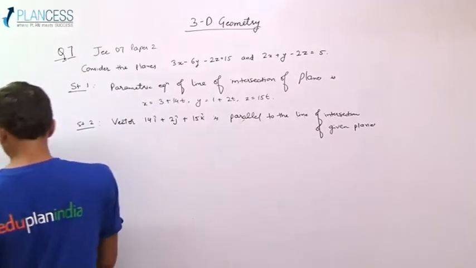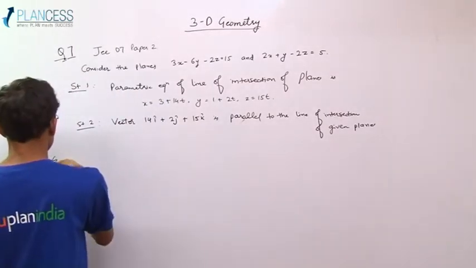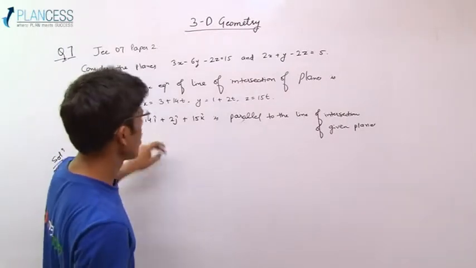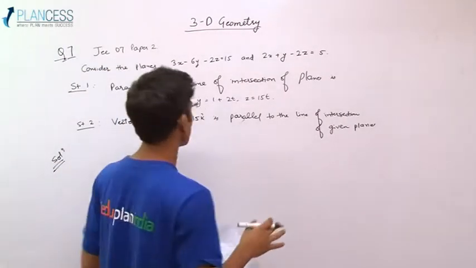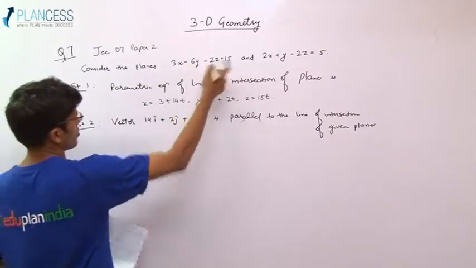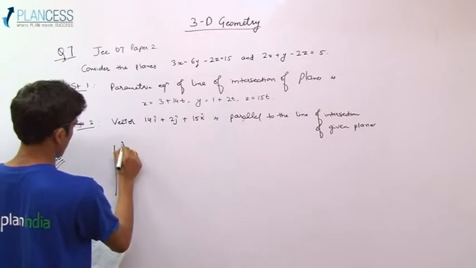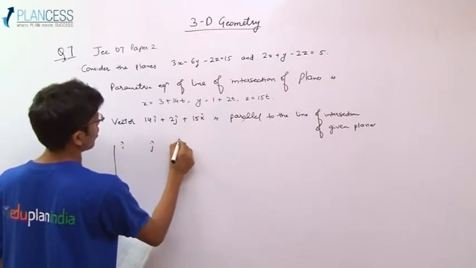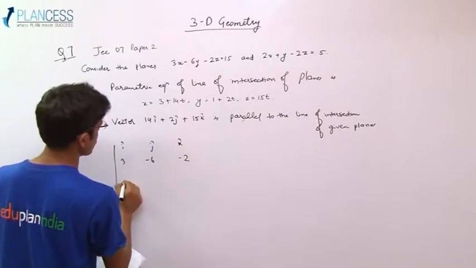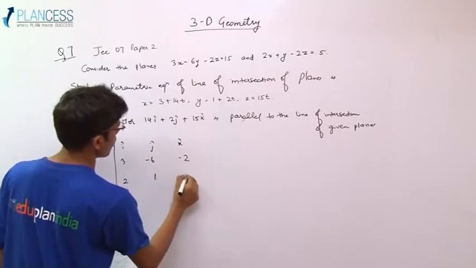So let's first of all see statement 2. The vector which is parallel to the line of intersection will be perpendicular to the normals of both the planes. So we get n1 cross n2. So this is i cap, j cap, k cap; n1 is 3, minus 6, minus 2, n2 is 2, 1, minus 2.